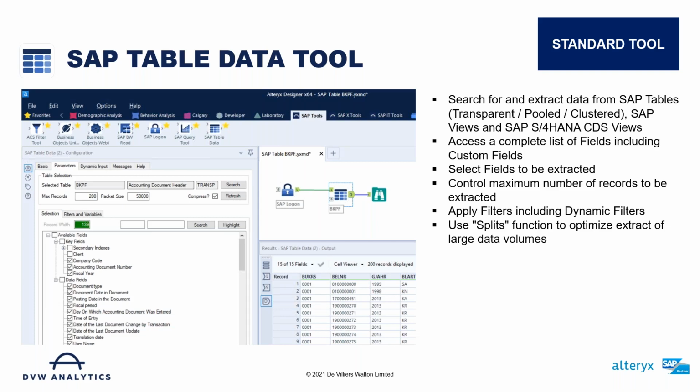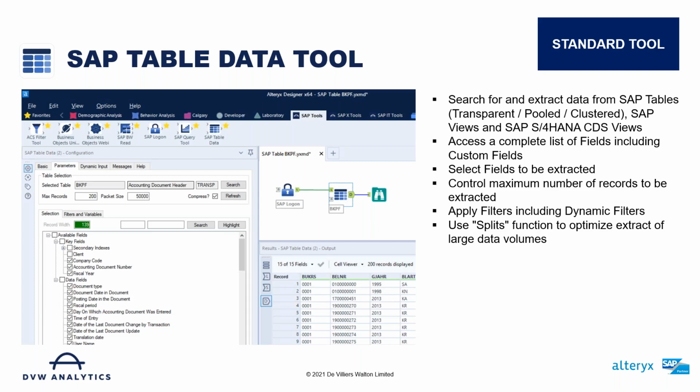You can see on the left-hand side of the screen, and I'll show you this in Alteryx in a second, the configuration gives you the ability to see the metadata of that table, the columns, and to select in a user-friendly way which columns you want outputted or don't, as the case may be. You can filter on the data, and again, you've got that split functionality.